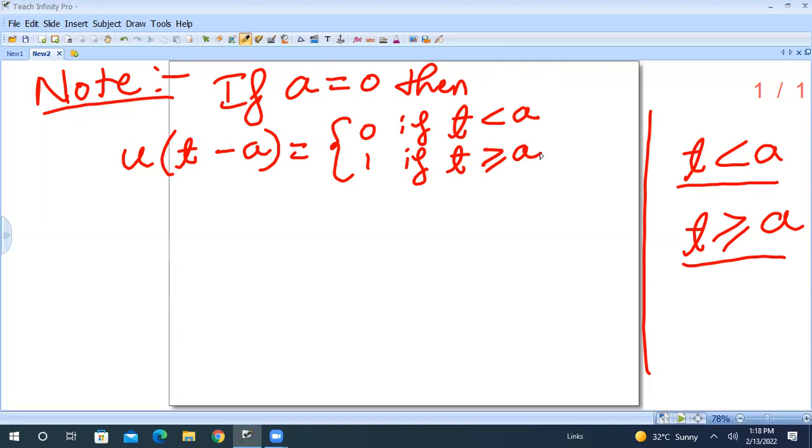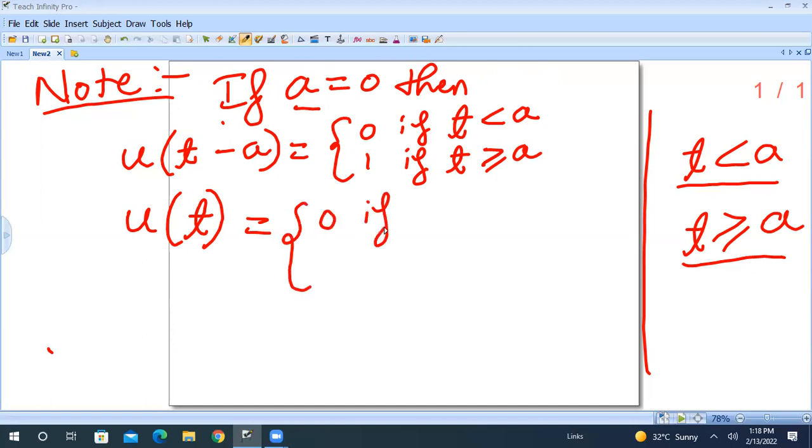Now we apply the condition a equal to 0. Then what will happen? u of t is 0 if t is less than 0, and 1 otherwise.